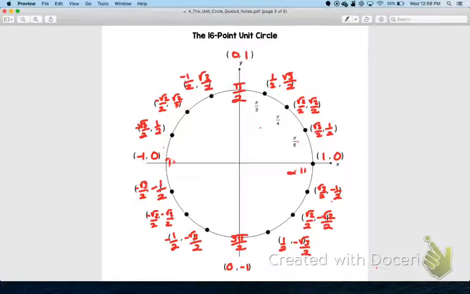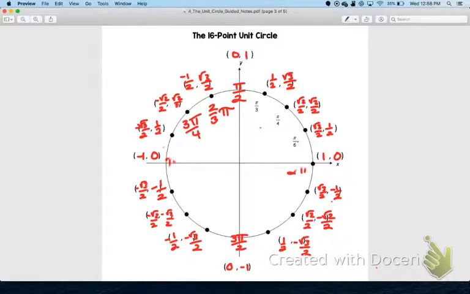We got 2/3, so this would be 2/3 pi. This will be 3/4 pi, right? So 2/3 plus 1/3, not 2/3 plus 1/3, that gets us to 1. So it'll be 2/3 plus 1/6.